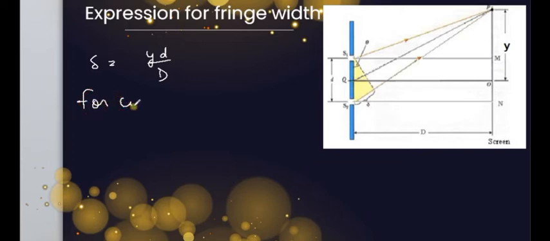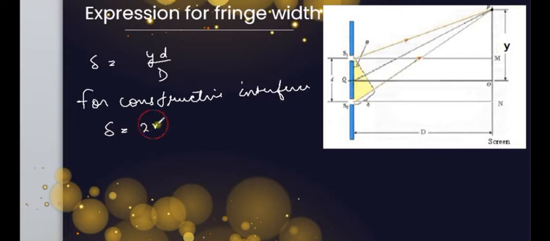For constructive interference, my path difference comes out to be an even multiple of lambda by 2. This has a different mathematical expression. We will also derive how, in case of constructive interference, this path difference came out to be an even multiple of lambda by 2.